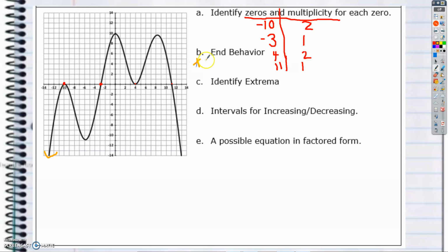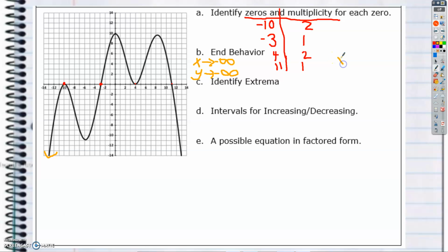So as x approaches negative infinity, basically what that means is if you start when x is 0 and follow the graph along to the left, x is going smaller, so x is approaching negative infinity. My y values are pointing down, so my y values are getting smaller, so my end behavior is negative infinity.